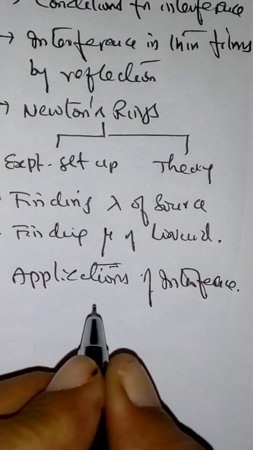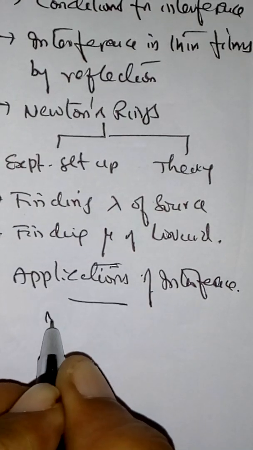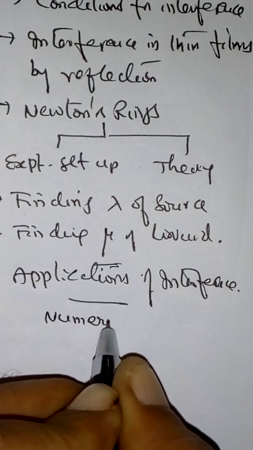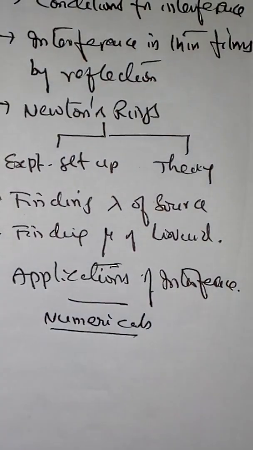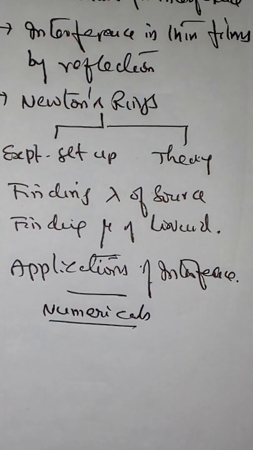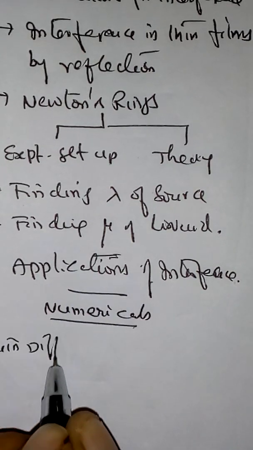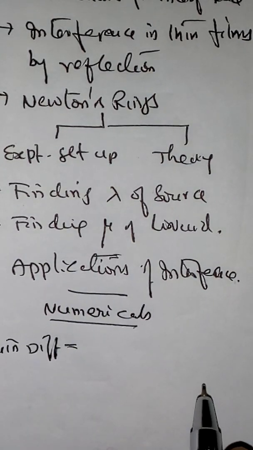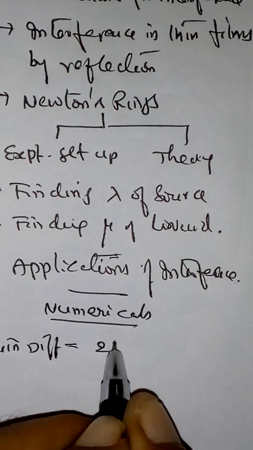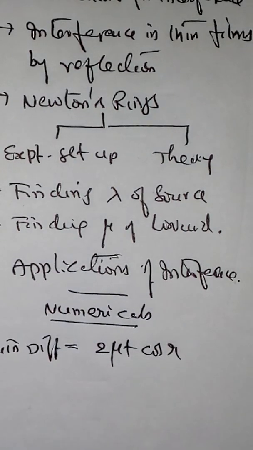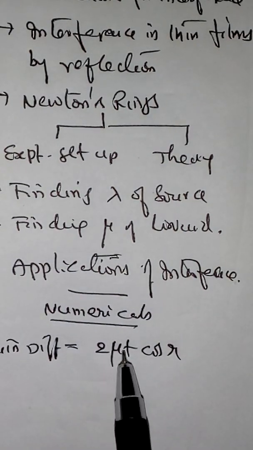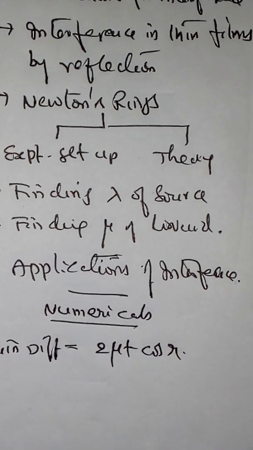So as a summary, when you look at some of the problems given in the universities, which I am calling numericals, basically recollect some formulas. Now we have seen a formula called path difference, found to be 2 mu t cos r, where mu is the refractive index, t is the thickness, and r is the angle of refraction.